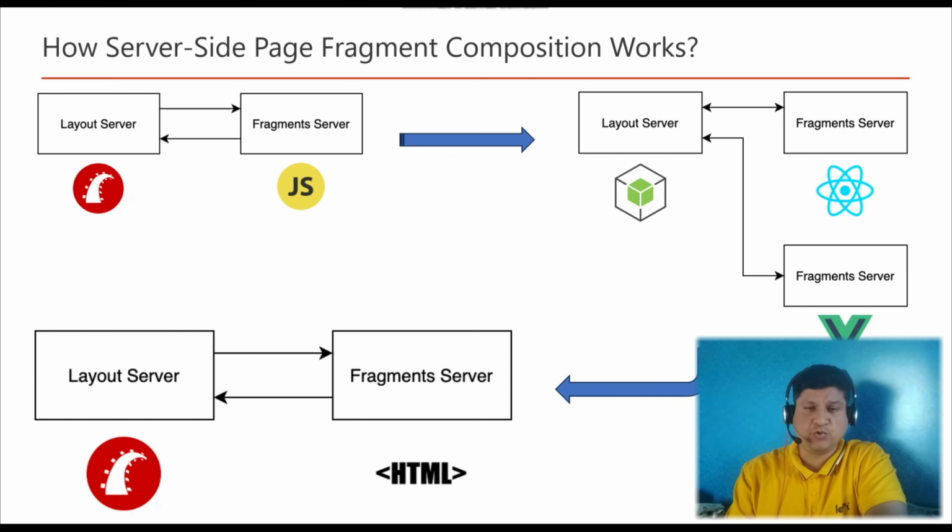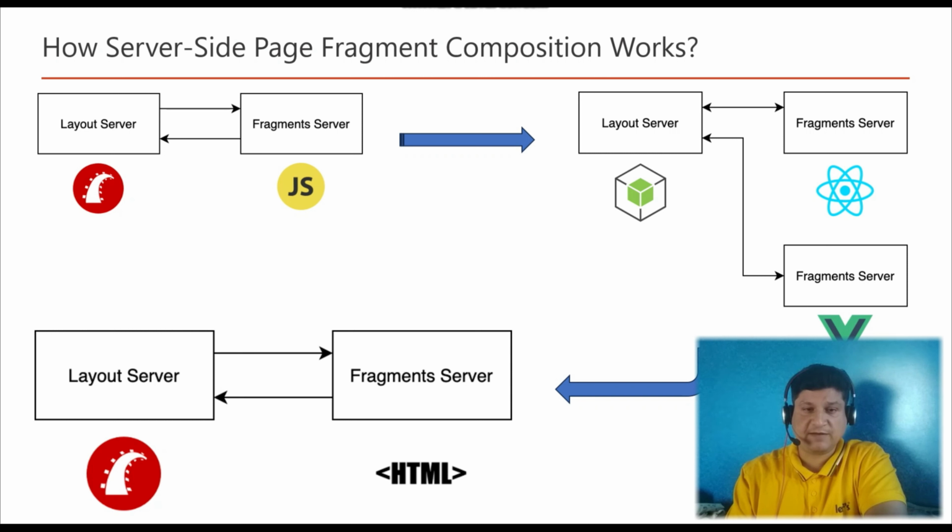Let's consider the Node.js layout server with fragment servers. For example, in the first example, we have a Node.js layout server with fragment servers, and there are two fragment servers, one exposing a React component and the other exposing a Vue component.